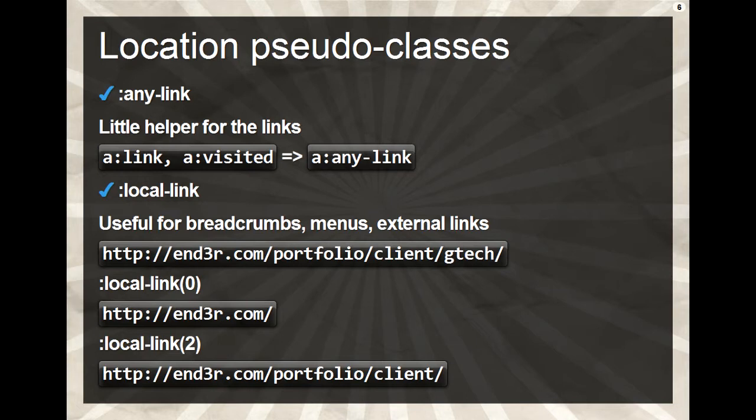We can even define the external links and, for example, check if the local link from 0 is this our site or a different one, so we can style links differently if they are from another source.